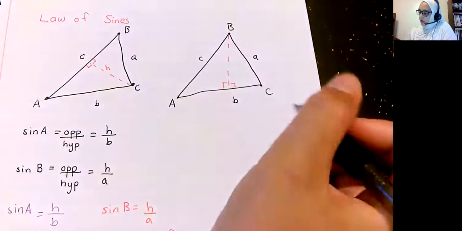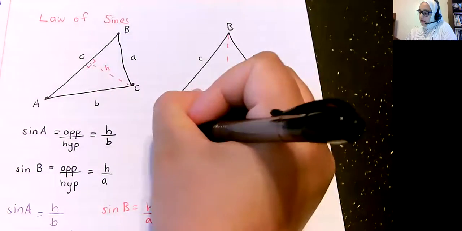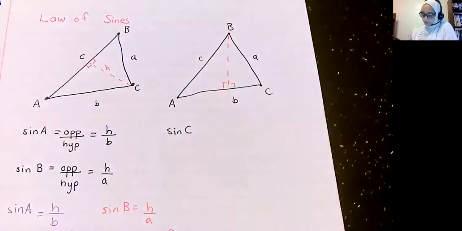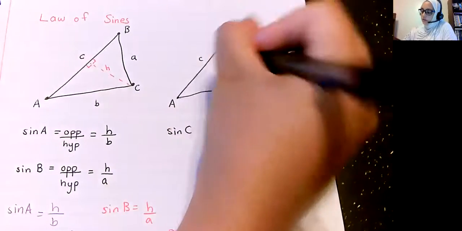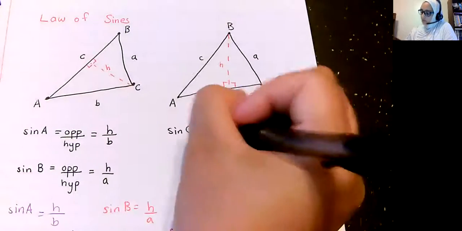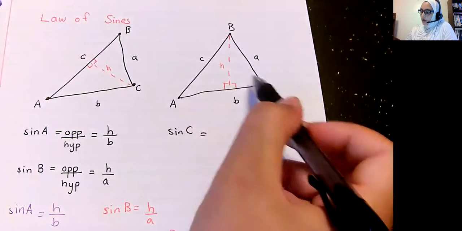Okay, this time I'm going to set up with C. So our sine C, and I've got to label this H. Here we're going to come with our opposite.